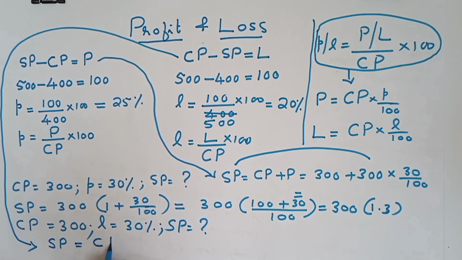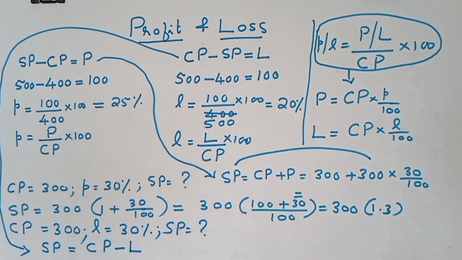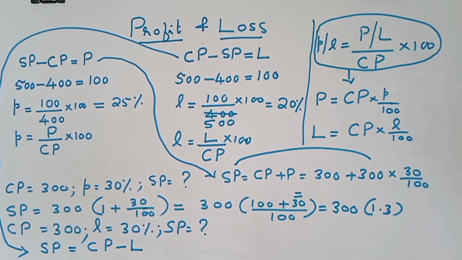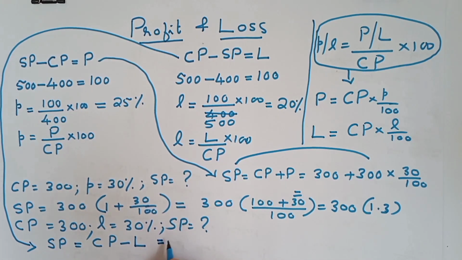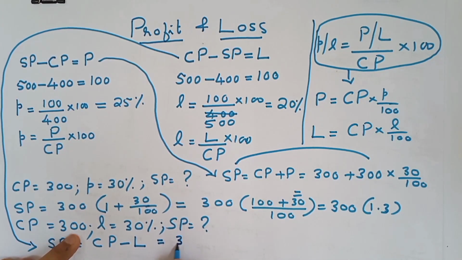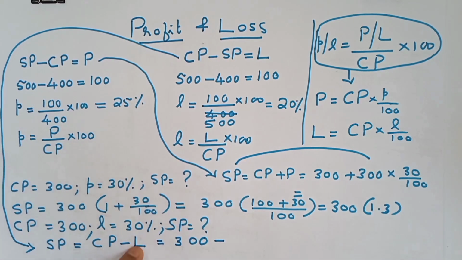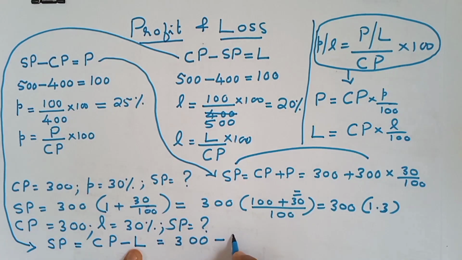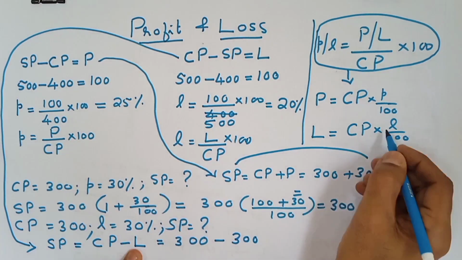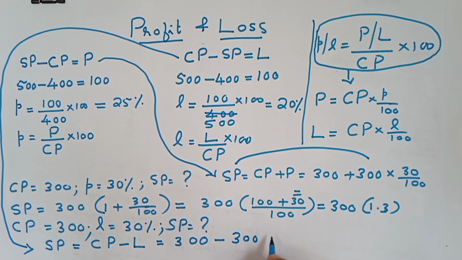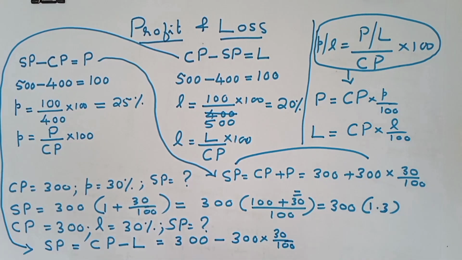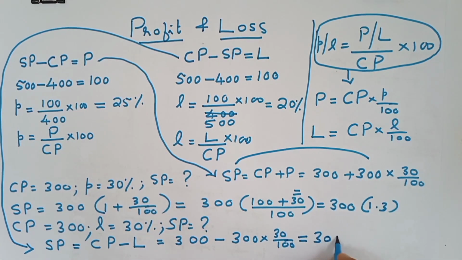SP equals CP minus L. What did I do? I took SP to the other side and L to this side, and you got it here. Okay. CP is given to be 300 and L, how do you get it? Use this formula. You are writing CP again, 300, and small l is given to be 30. So 30 by 100. Okay. Now 300 is common.